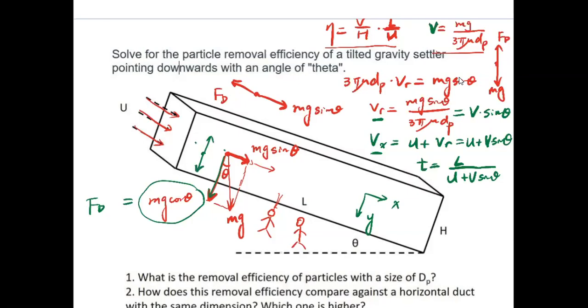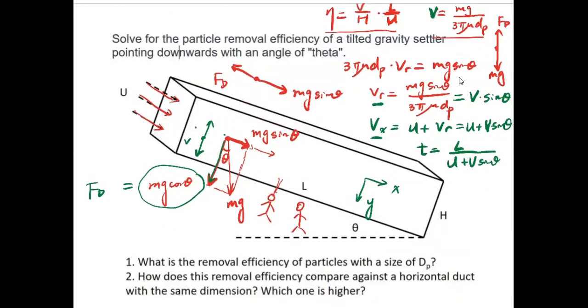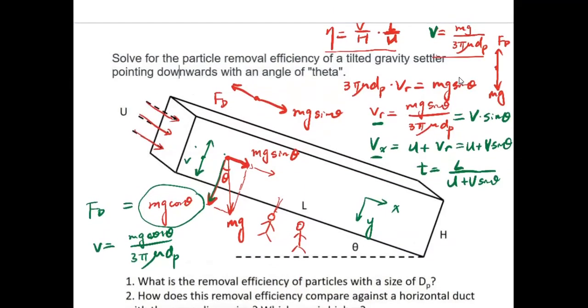We can calculate a velocity that's perpendicular to the duct, which is trying to let the particle settle down. That velocity is just going to be mg cosine theta divided by 3 pi mu dp. This is the velocity in the y direction, vy.